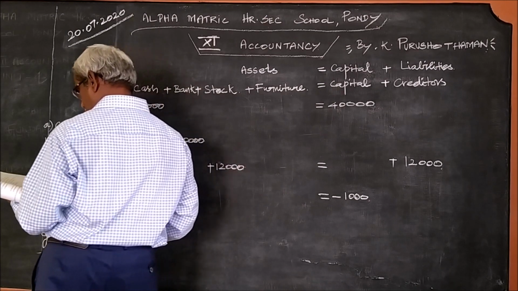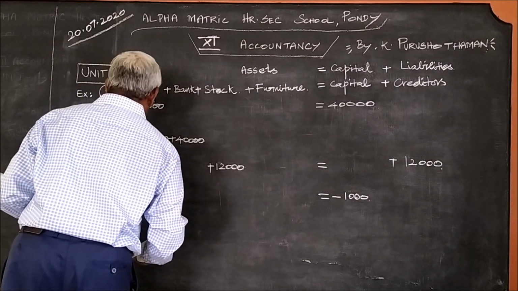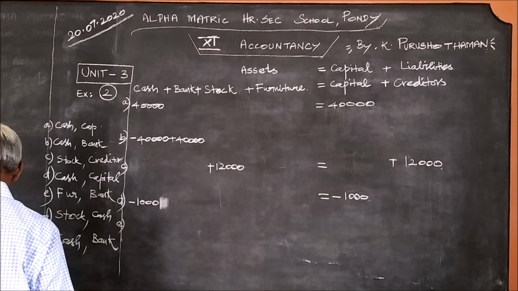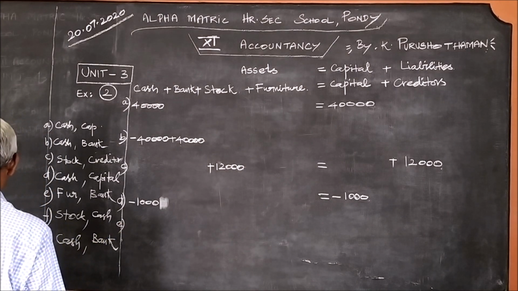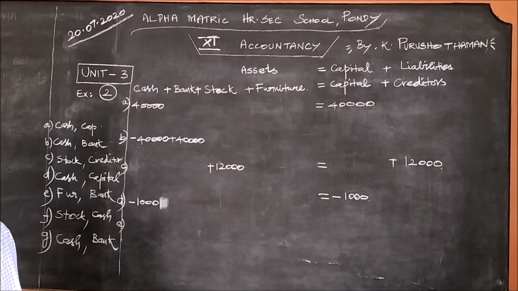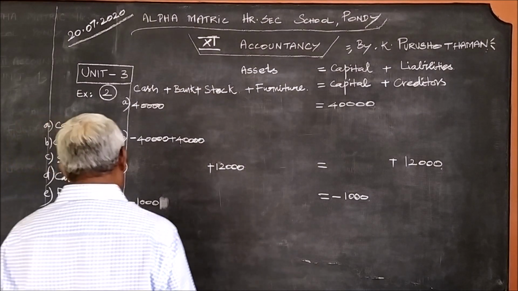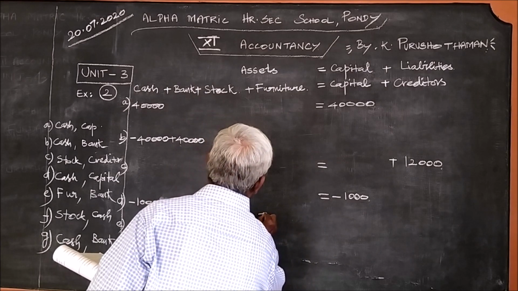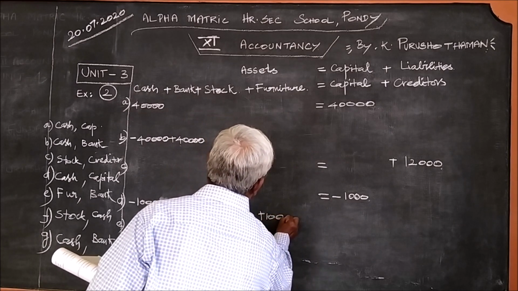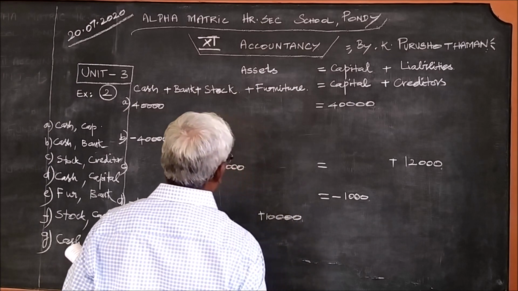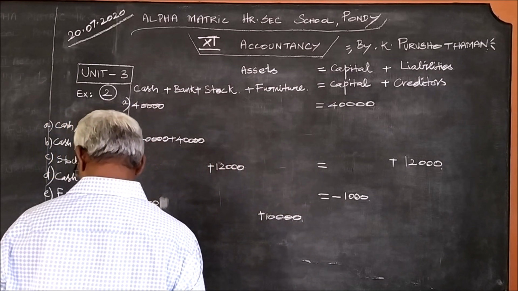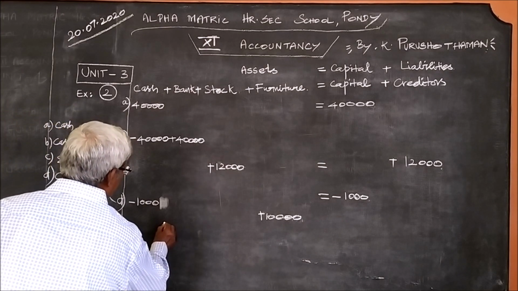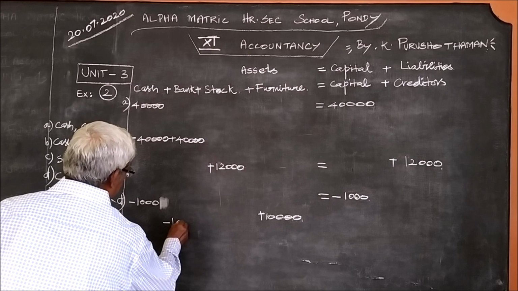And bought furniture by using debit card. Furniture 10,000. Using debit card, and therefore it reduces the balance in bank, minus 10,000.